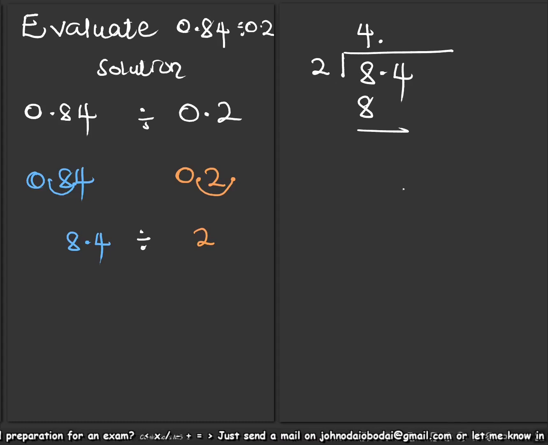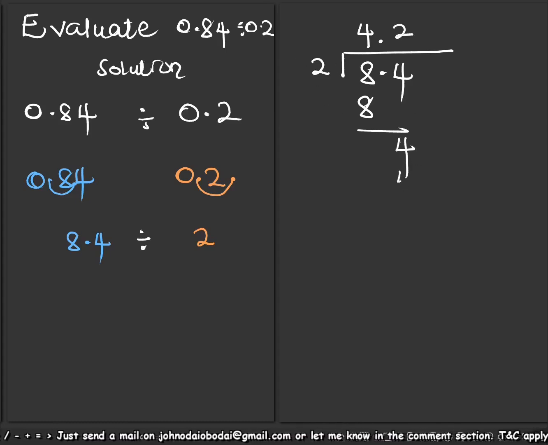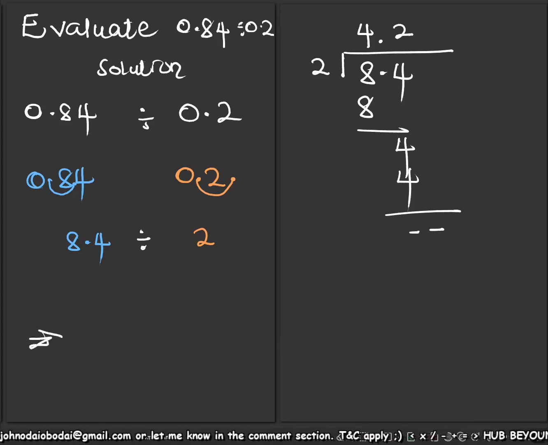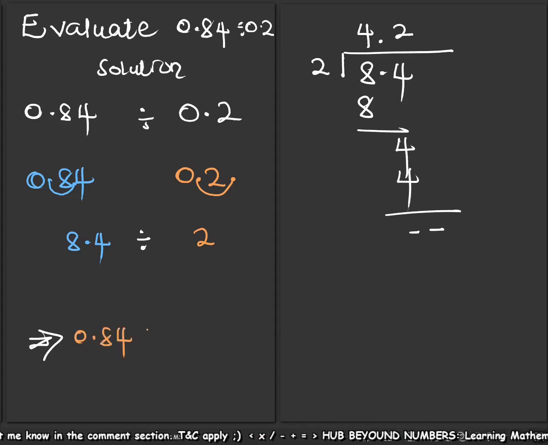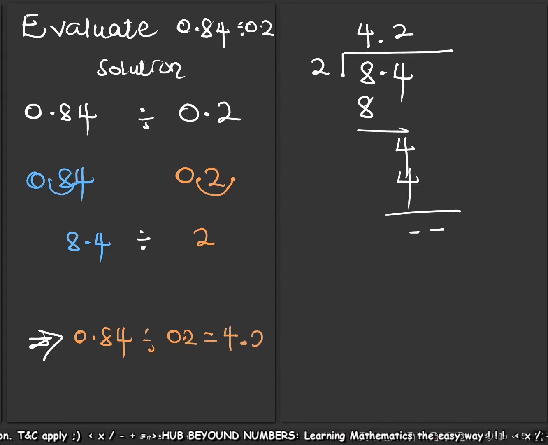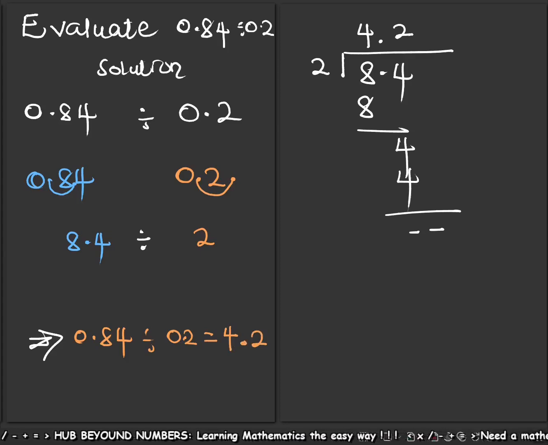And then we bring our 4 downwards. 2 divides 4 twice, and 2 times 2 gives us a 4. What do we have left? We have nothing left. So it implies that our question, 0.84 divided by 0.2, the answer is 4.2. Very, very simple.